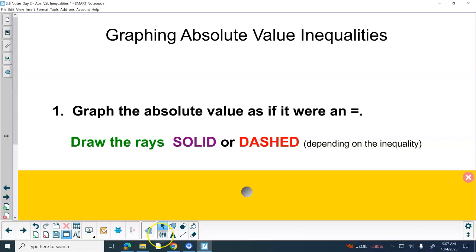Solid if there is an equals part to it, dashed if it's not. Just like the lines, just like we did on Monday when we were graphing linear inequalities. Okay?